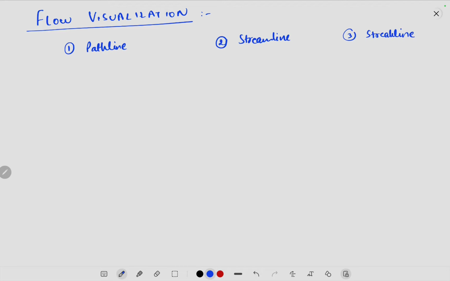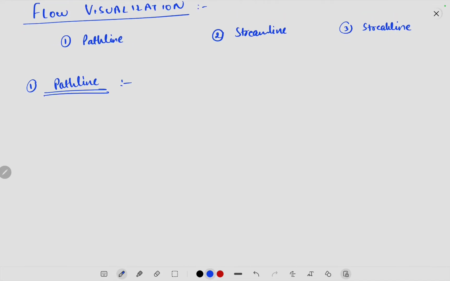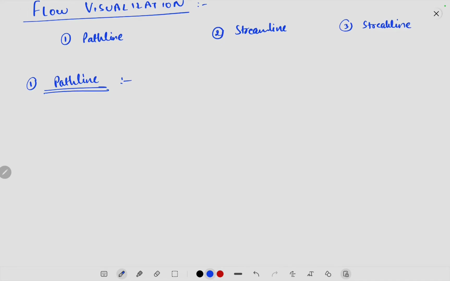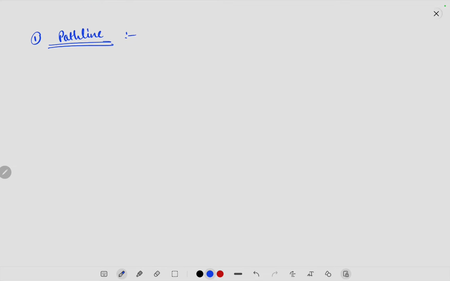Okay, so let's understand the first thing, path line. The first way of visualizing the flow patterns is by constructing the path line. So let's understand what a path line means.